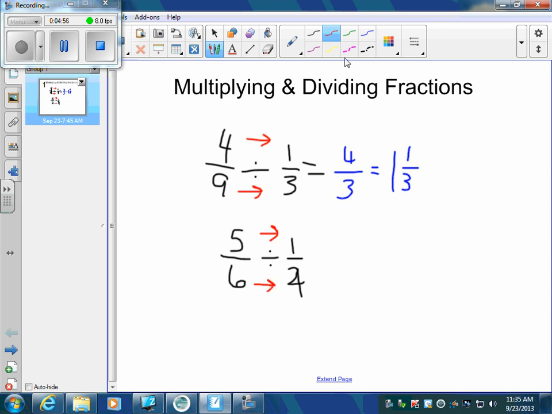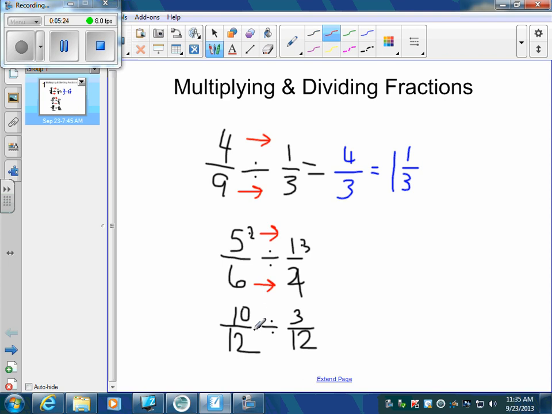So again, I need to find a common denominator. And 6 and 4, my common denominator is going to be 12. Six times 2 is 12, so 5 times 2 gets me 10. 4 times 3 is 12, so 1 times 3 gets me 3.